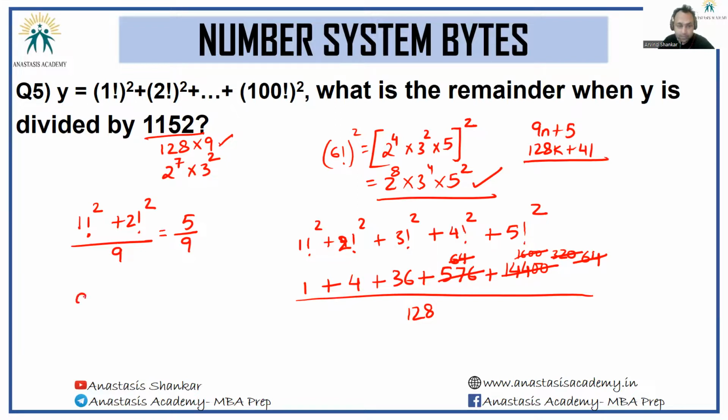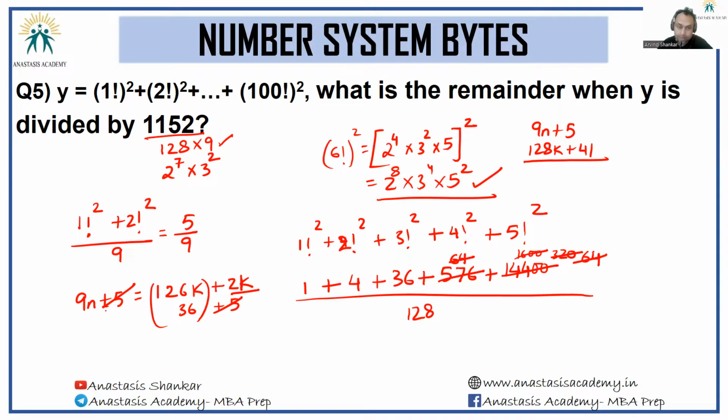I have to combine them. 9n plus 5 is equal to 128k plus 41. Let me get rid of the 5s. This 5 and this 5 will go away. Effectively, this portion is a multiple of 9.